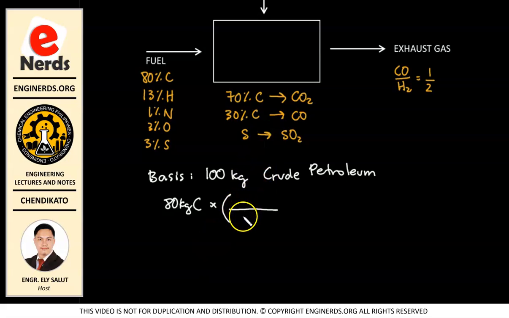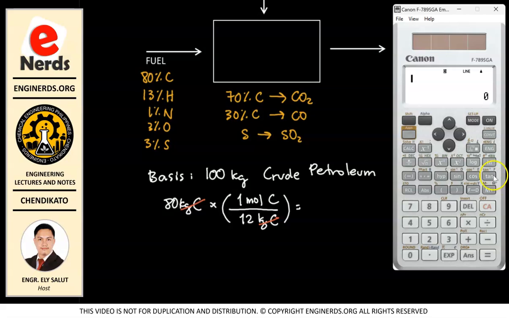We have 12 kilograms of carbon for every 1 kilogram mole of carbon, so the kilograms cancel out. We have 80 divided by 12, which is equal to 6.67.